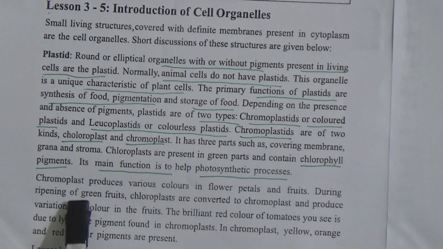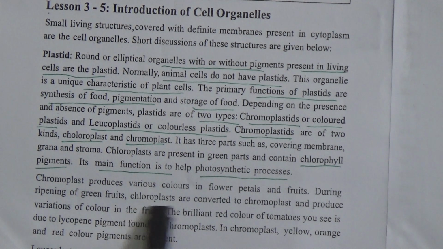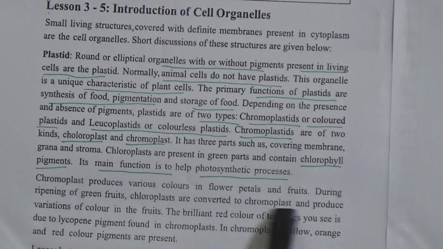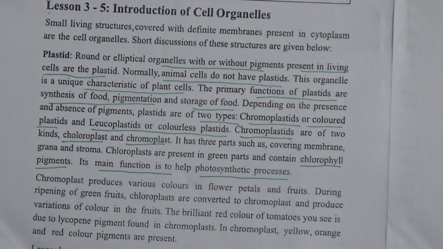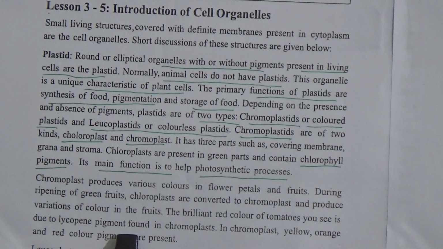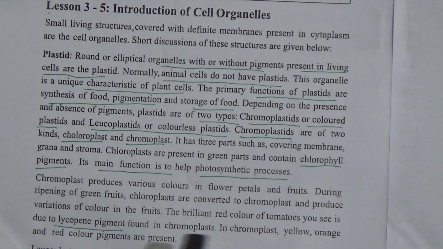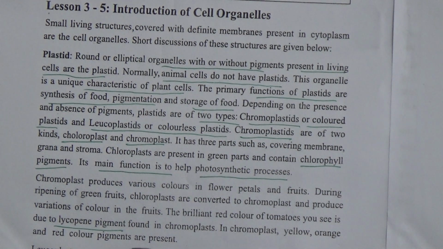During ripening of green fruits, chloroplasts are converted to chromoplasts and produce variation of color in the fruit. The brilliant red color of tomatoes you see is due to lycopene pigment found in chromoplast. In chromoplasts, yellow, orange and red color pigments are present.